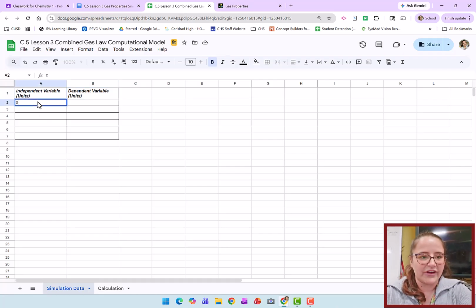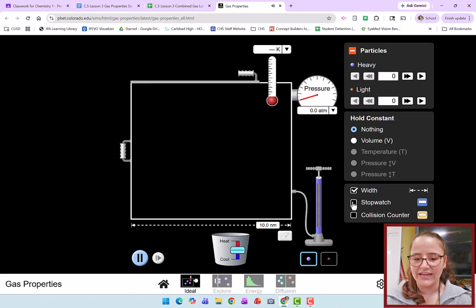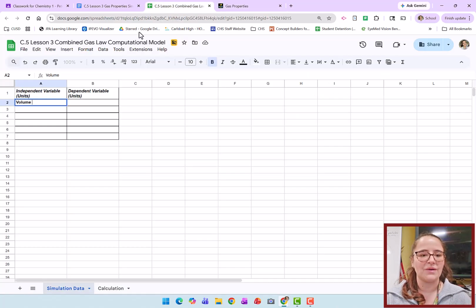Our independent variable is volume. Now, in the simulation, unfortunately, we can't measure volume directly. So instead, we're going to use the width of the container as our representation of volume, since the height and the depth of the box are in theory staying the same. That will be in units of nanometers.